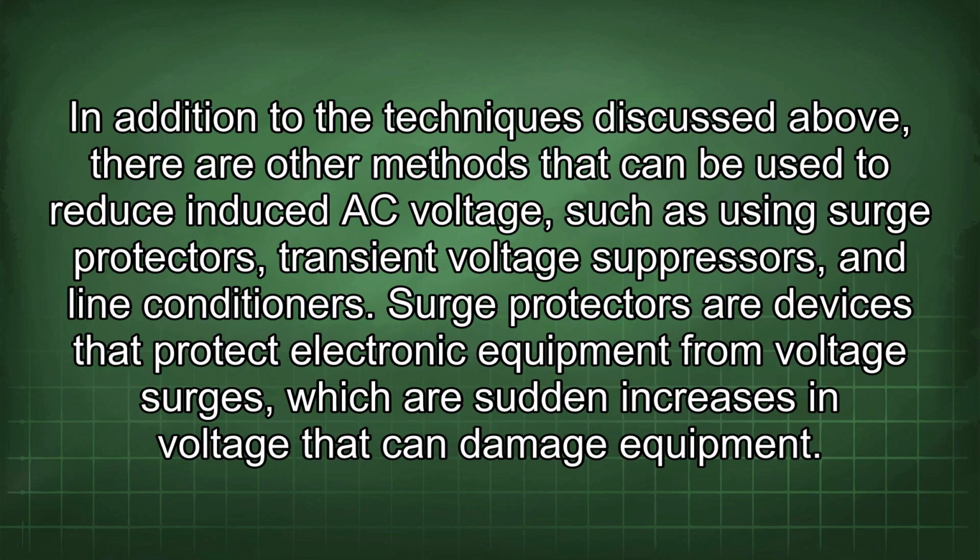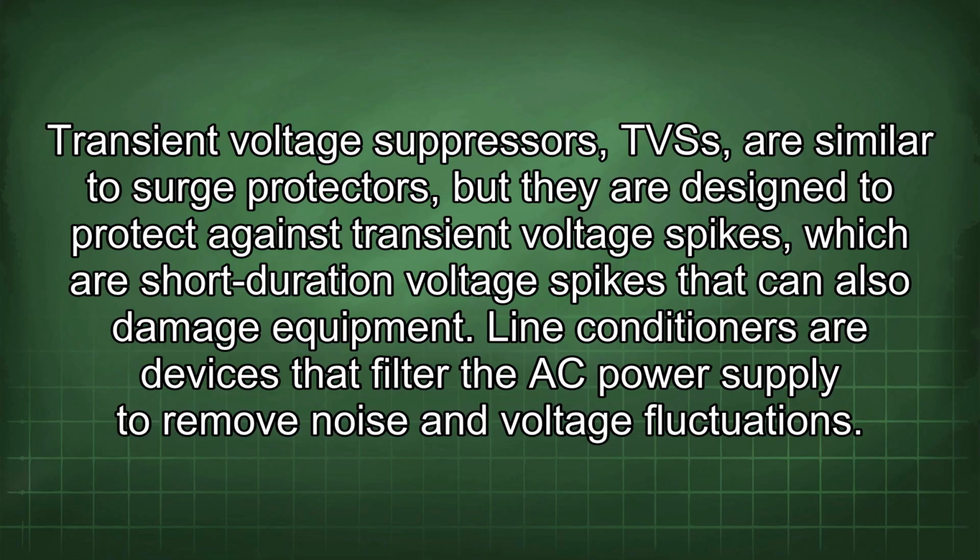In addition to the techniques discussed above, there are other methods that can be used to reduce induced AC voltage, such as using surge protectors, transient voltage suppressors, and line conditioners. Surge protectors are devices that protect electronic equipment from voltage surges, which are sudden increases in voltage that can damage equipment. Transient voltage suppressors, TVSs, are similar to surge protectors, but they are designed to protect against transient voltage spikes, which are short-duration voltage spikes that can also damage equipment.